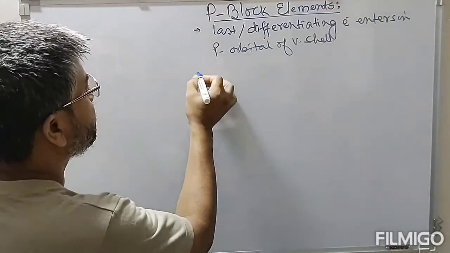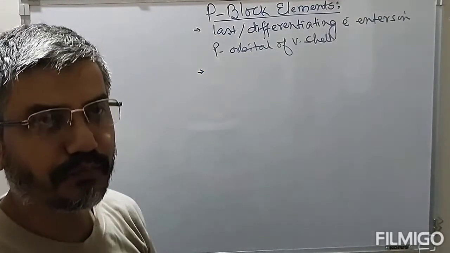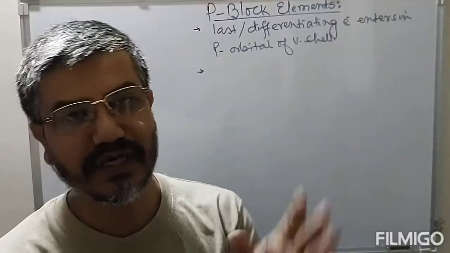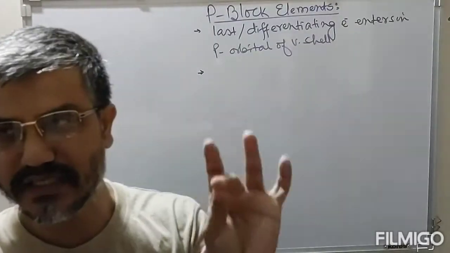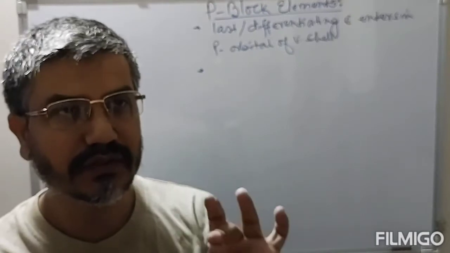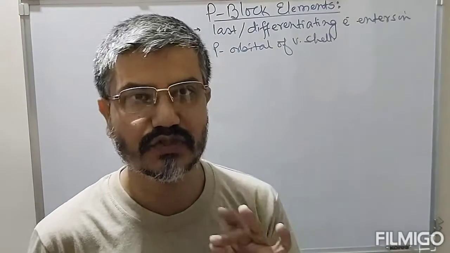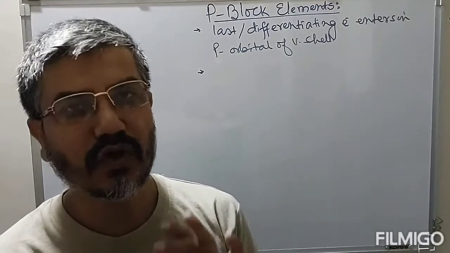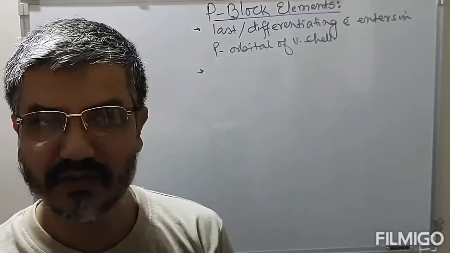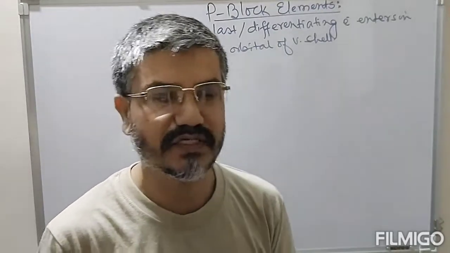Now, look at this. P subshell has got three orbitals, Px, Py and Pz, and according to Pauli's exclusion principle, each orbital can have a maximum of 2 electrons with opposite spin.